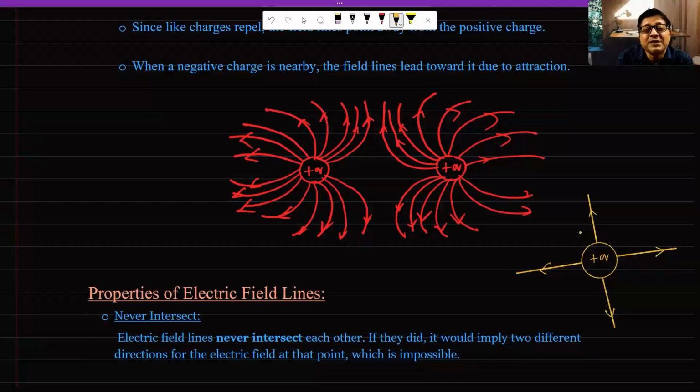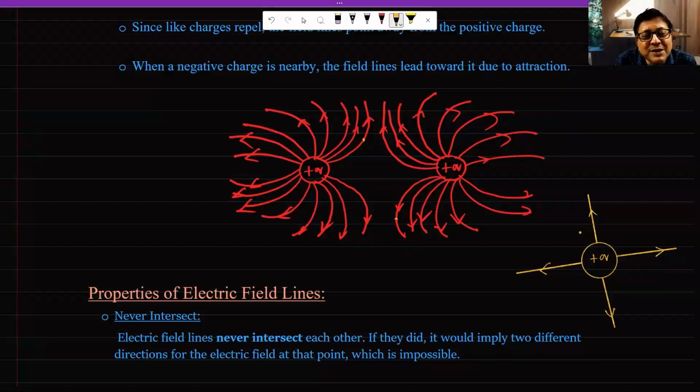In this complex situation, the question arises: do we expect field at this point due to this charge? Field at this point due to this charge? Of course, field strength exists. That field will be subtracted or added, whatever, that you can get vectorially. So let us see what is the direction of the resultant field here.